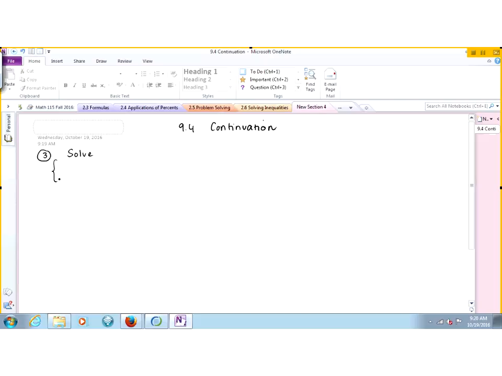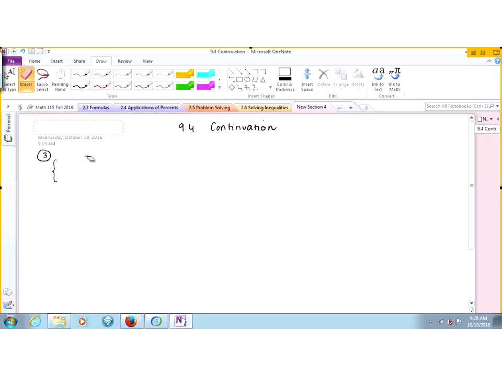Graph these. X minus y is less than or equal to 2, and then x plus 2y is greater than or equal to 8, and y is less than or equal to 4.